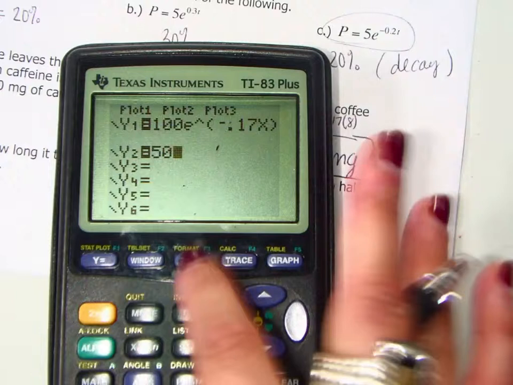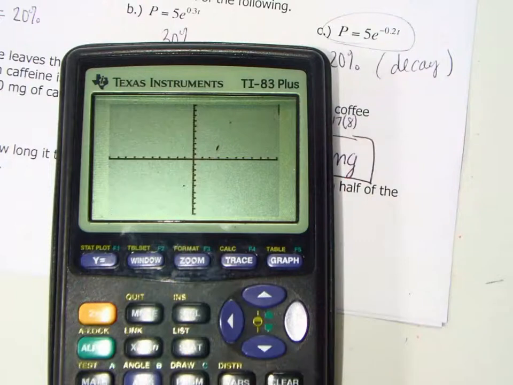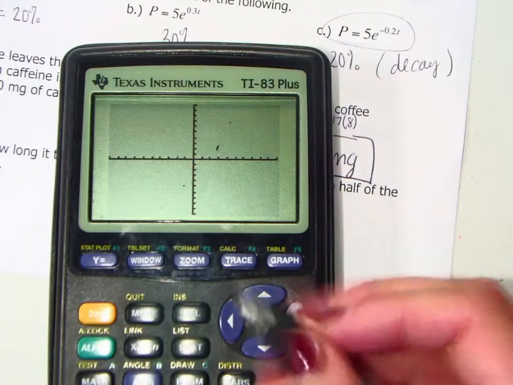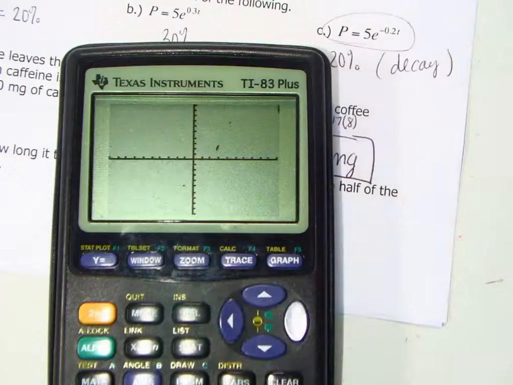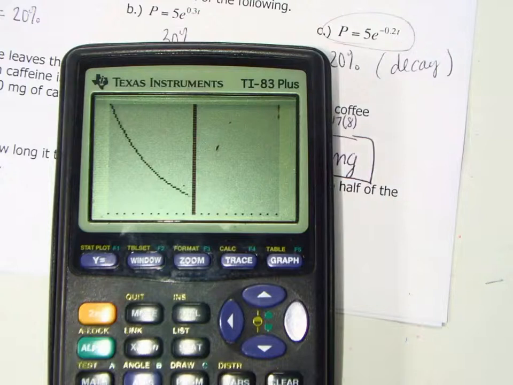Okay? You're probably not going to see anything if you're on your standard viewing window, so I go zoom 0, which is zoom fit. Hopefully that will fit our window to our two curves. There we go. That's pretty nice. And then use your calculator to calculate the intersection like we did last time.